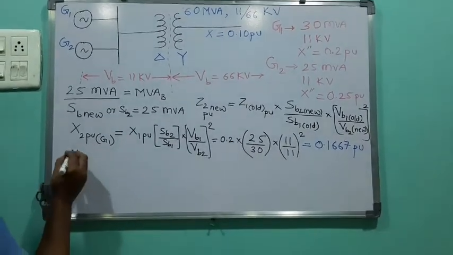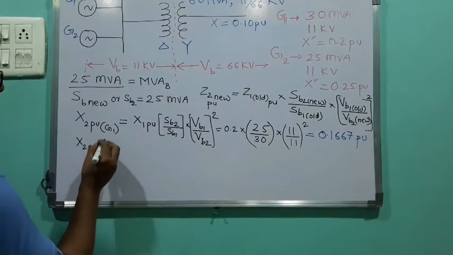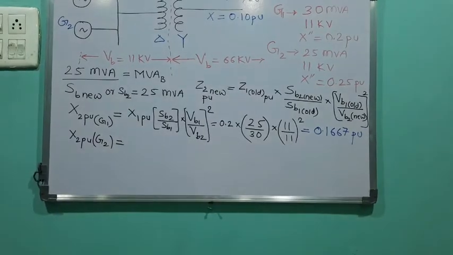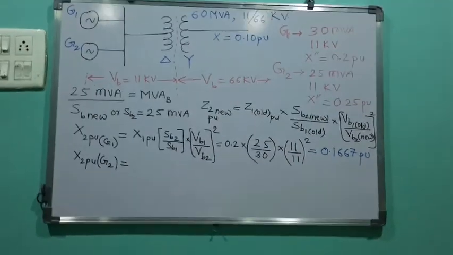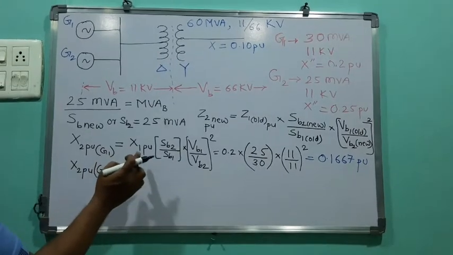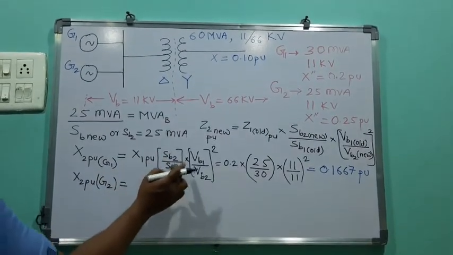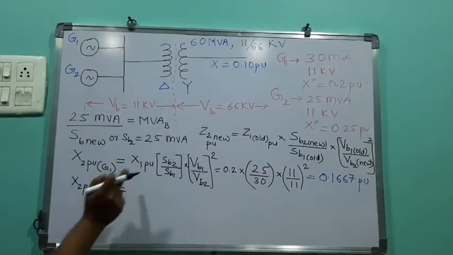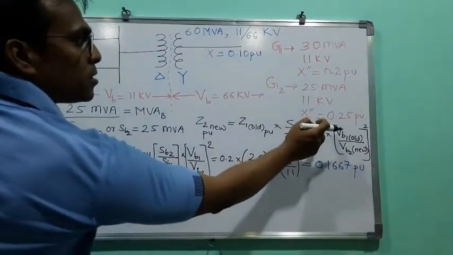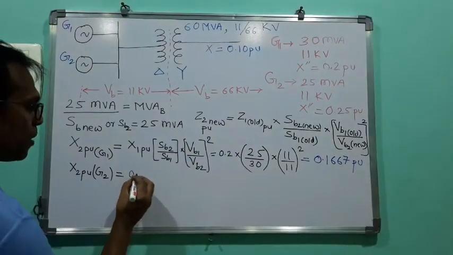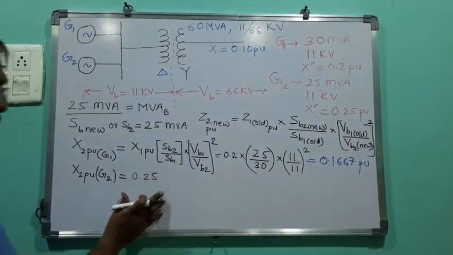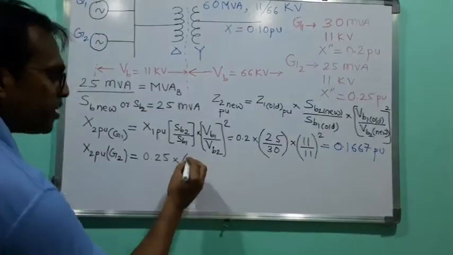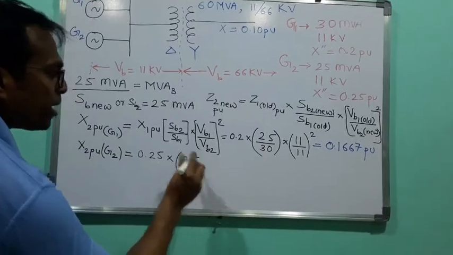In a similar way, you have to find out the value of X2 for generator 2. So X2 per unit for generator 2, again the formula is the same: X1 per unit, SB2 divided by SB1 into VB1 divided by VB2 whole square. Now for generator 2, X1 is 0.25 per unit, multiplied by SB2, which is the same, 25, divided by SB1.